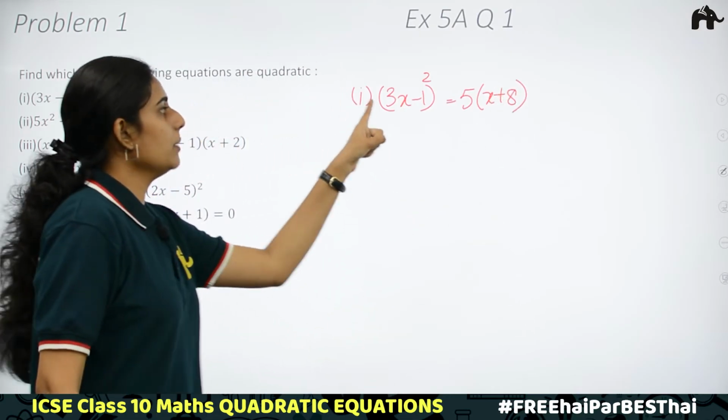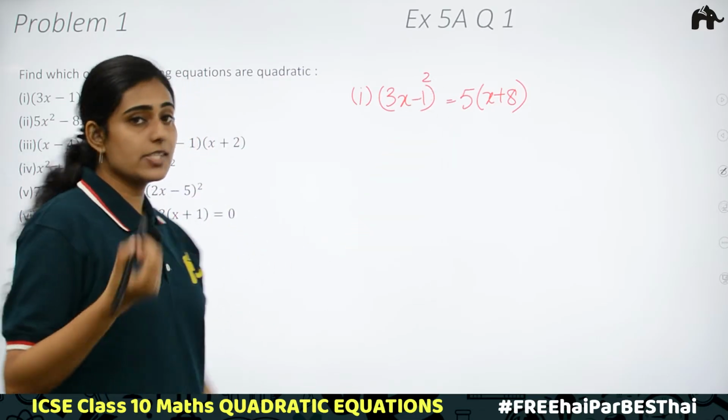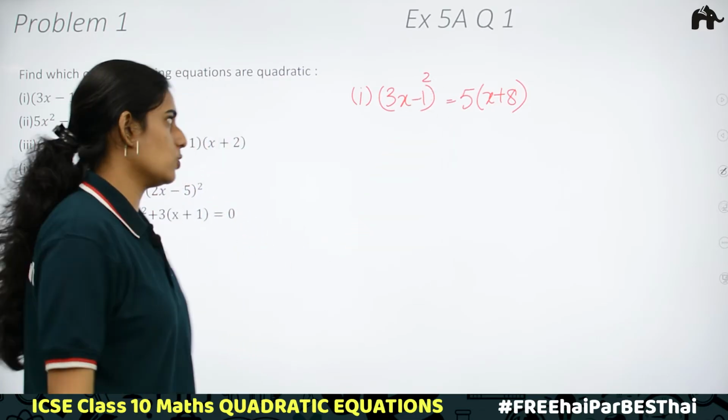This is in the form a minus b whole square. a minus b whole square is equal to a square minus 2ab plus b square.